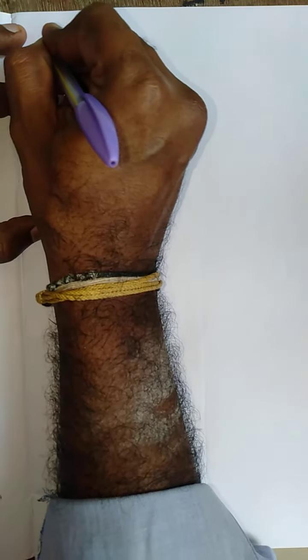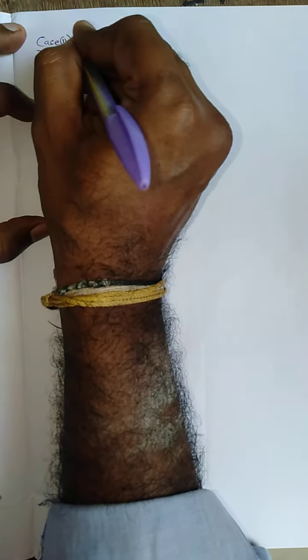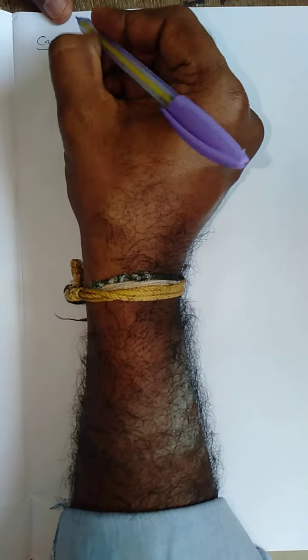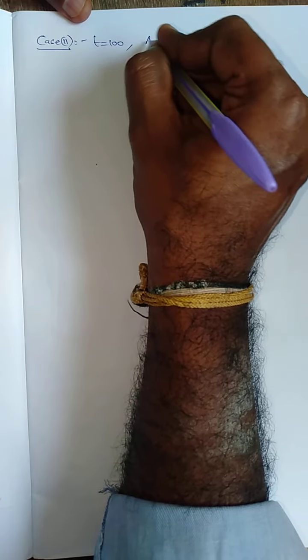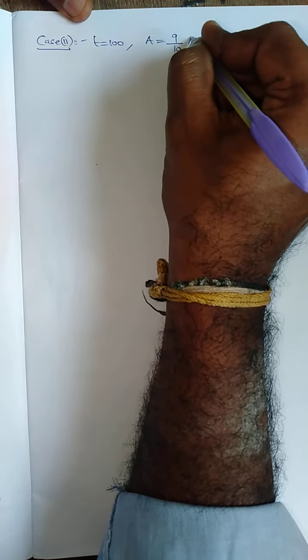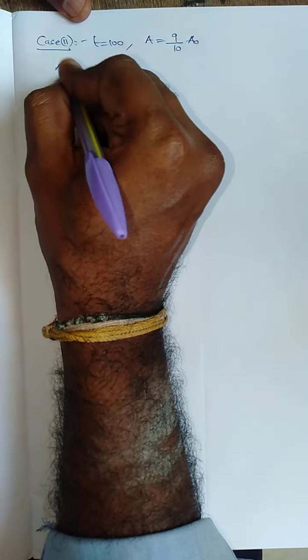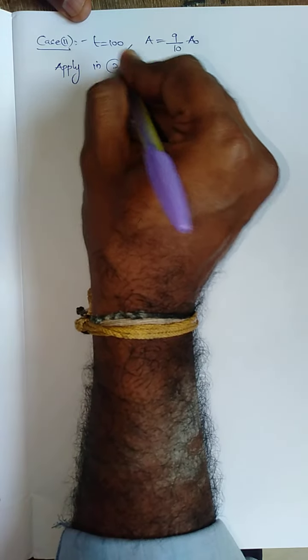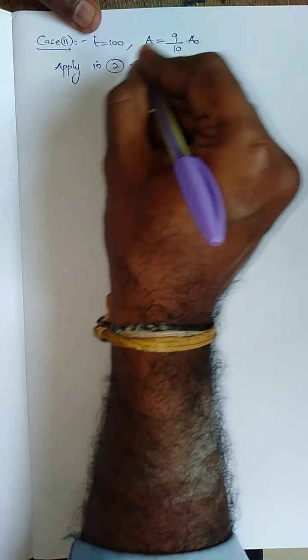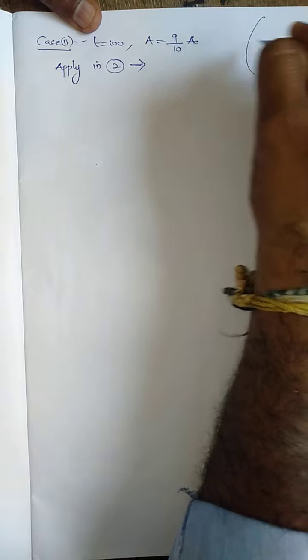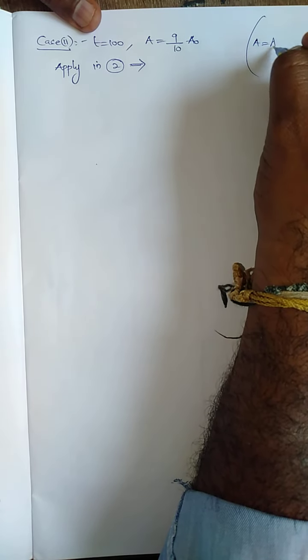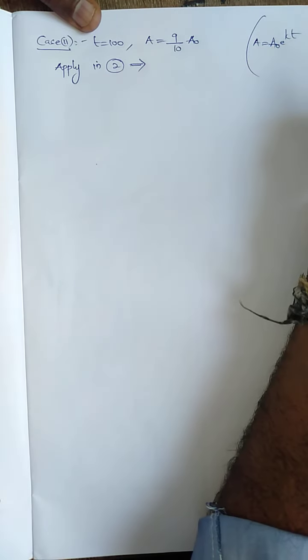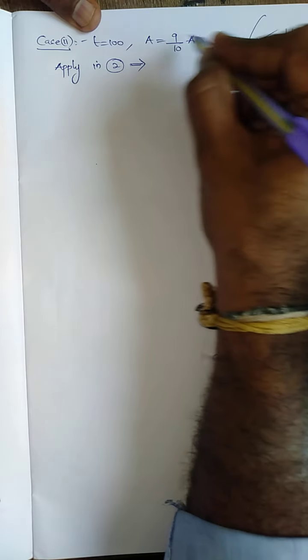What is case 2? Case 2 is nothing but t is equal to 100, A is equal to 9 by 10 A naught. We need to apply in equation 2, which is A is equal to A naught e power kt. What is A?